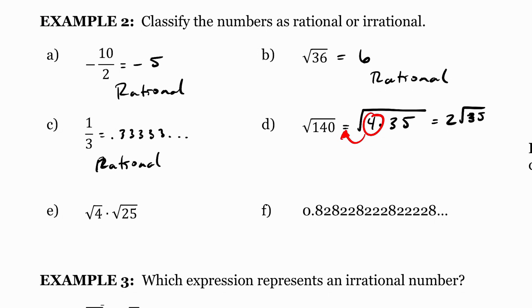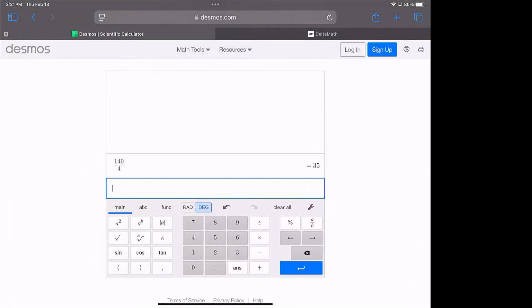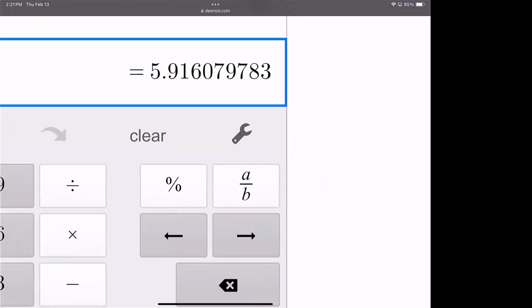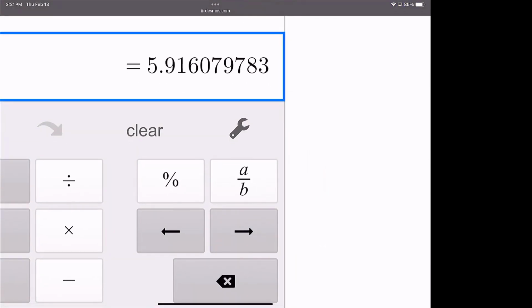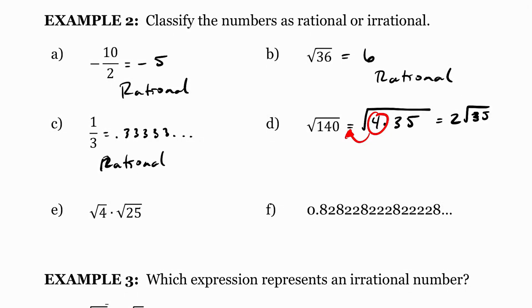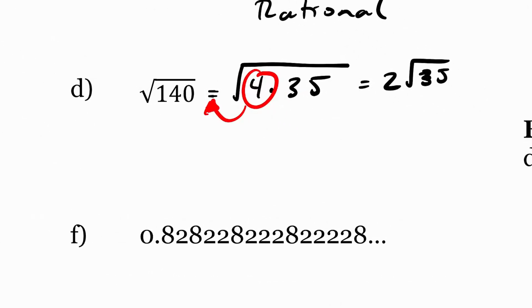The square root of 35 is that decimal there. That decimal doesn't end and it doesn't repeat. Just because the calculator stopped writing it doesn't mean that it stopped. It keeps going, but the calculator stops after a certain point. So that one doesn't repeat and it doesn't terminate.